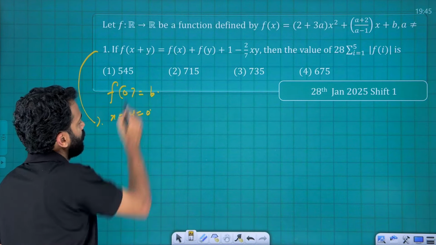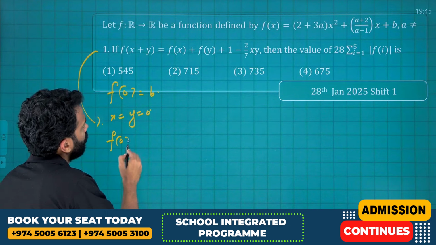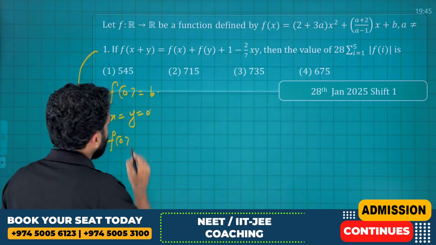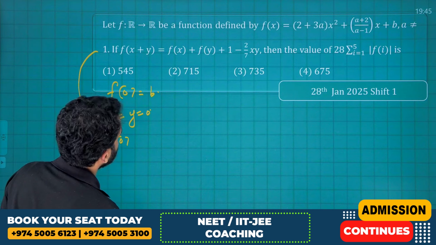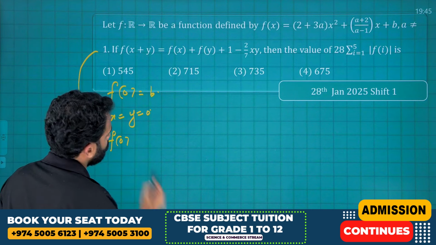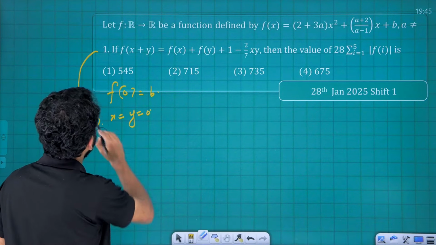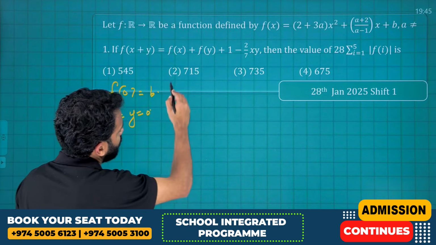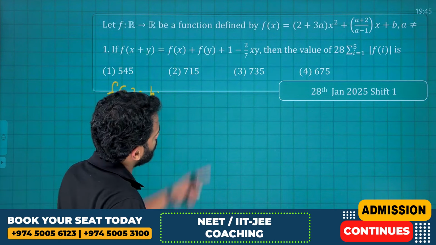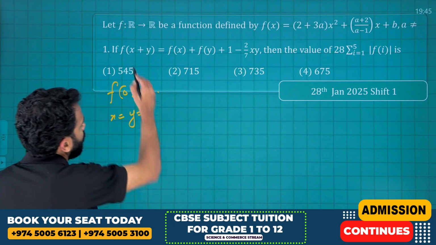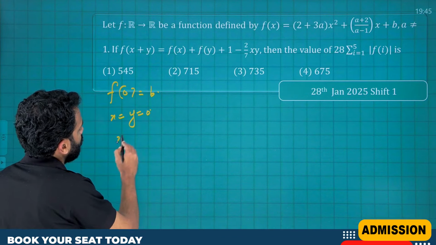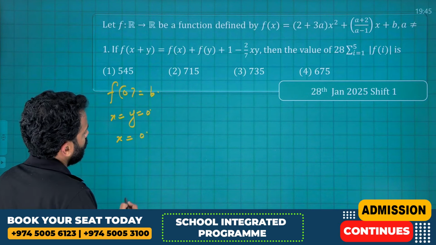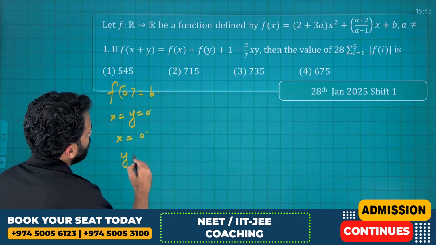Or we can use other method here, that is f of (x plus y) is equal to f of x plus f of y plus 1 minus 2 by 7 into xy, right? So, let us put x is equal to 0, and then y is equal to 1.